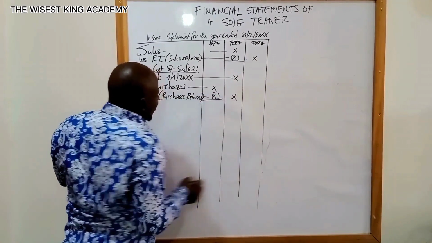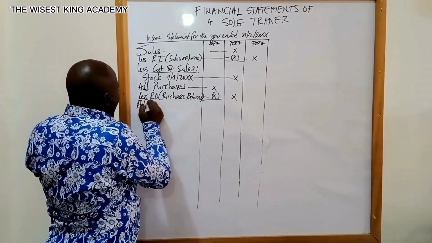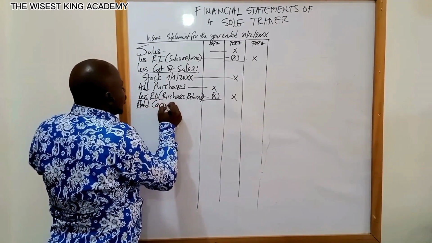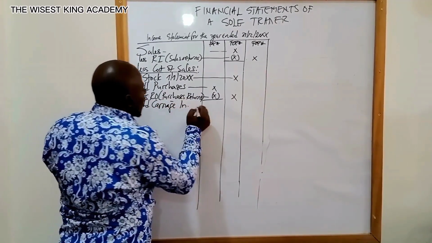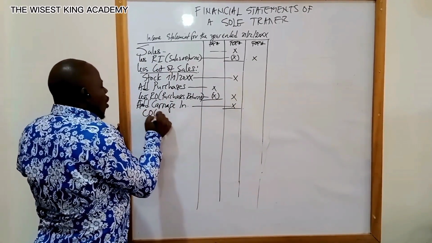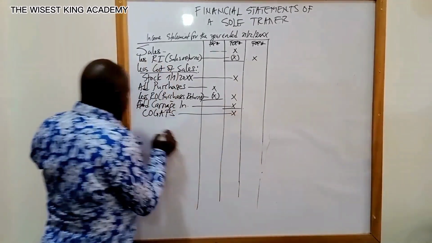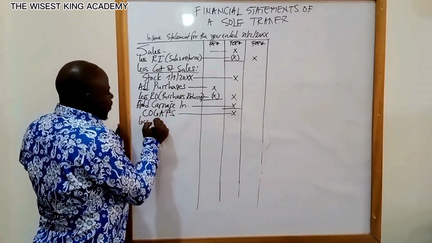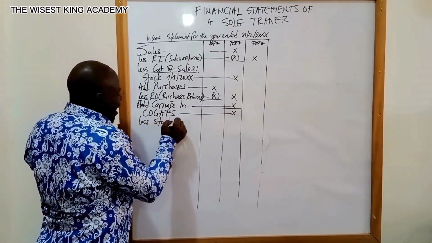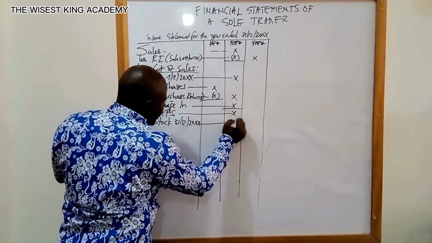We bring our net purchases. Now, we have carriage inwards. We add carriage inwards. Now, the sum of these three is called cost of goods available for sale. From it, we less closing stock. That's stock as at 31st of December 20XX.